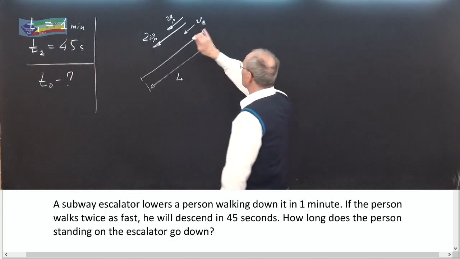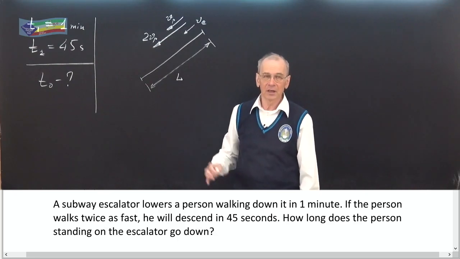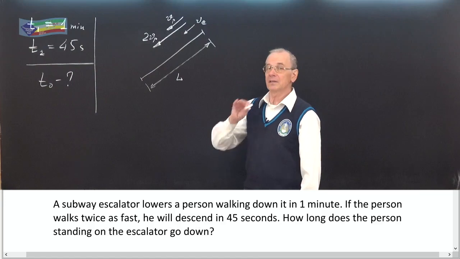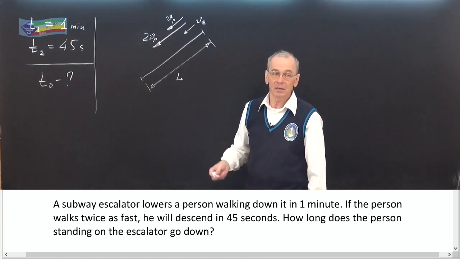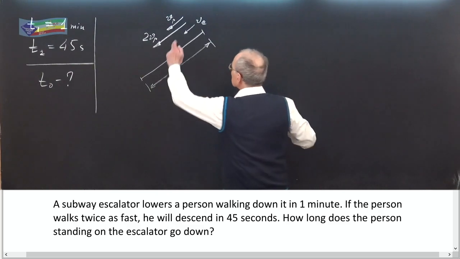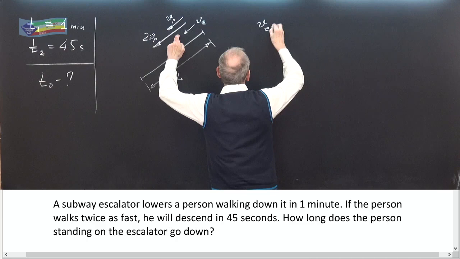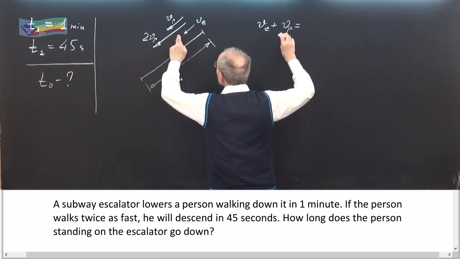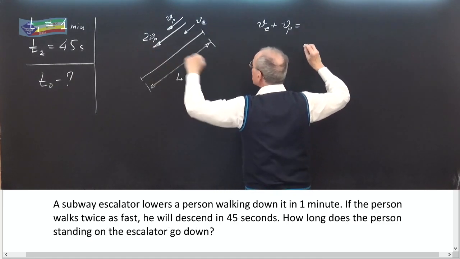Since escalator and passenger both go downward, their speeds can be added. So we can write V escalator plus V person equals L divided by T1.